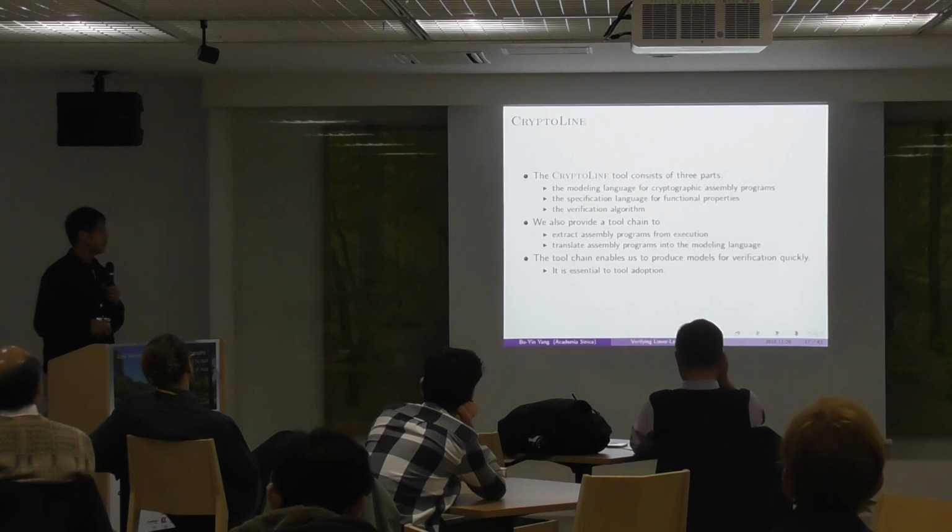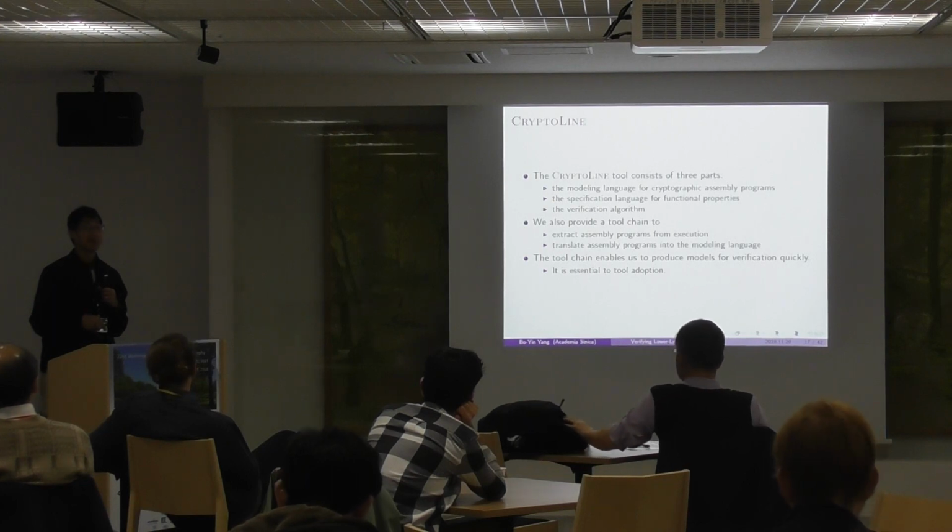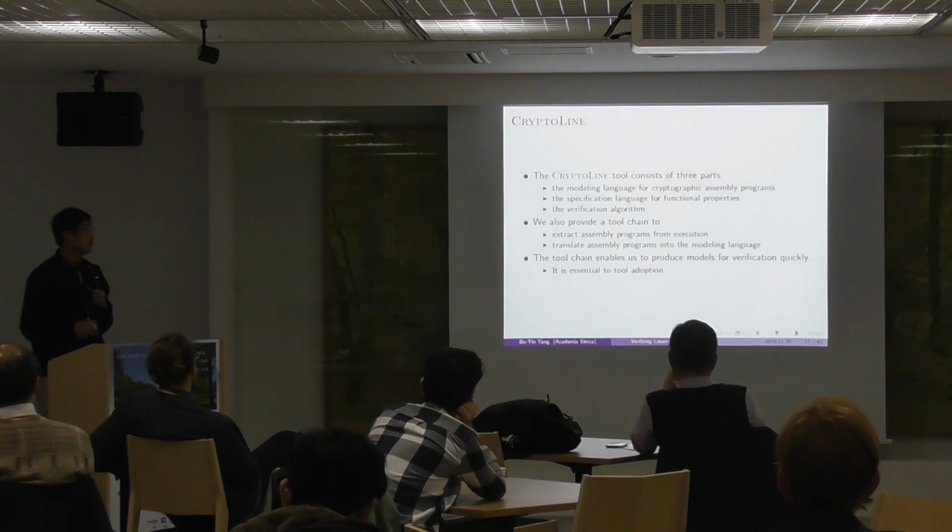The tool chain makes it possible for somebody who is untrained to produce verification quickly. And this is, I think, essential for adoption. We are hoping to release the tool in a few months so that people can experiment with it if they want.